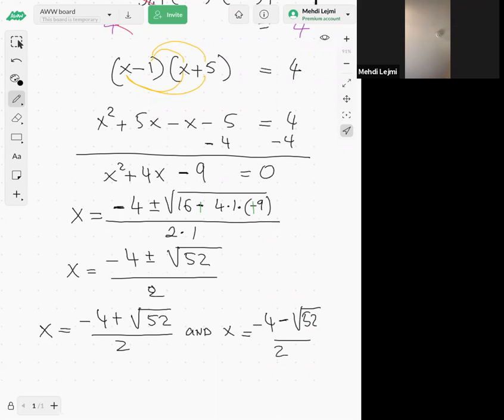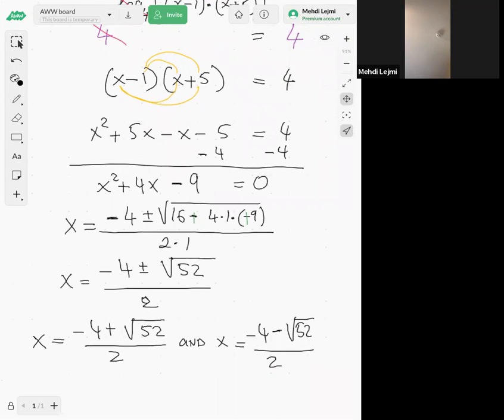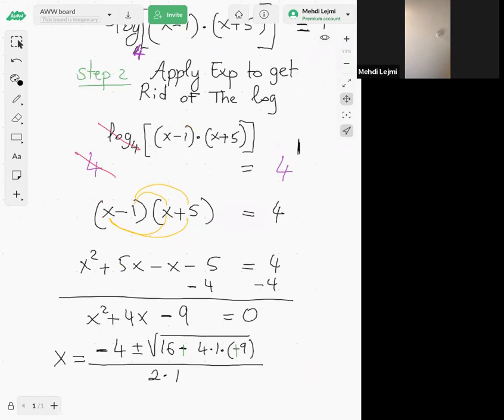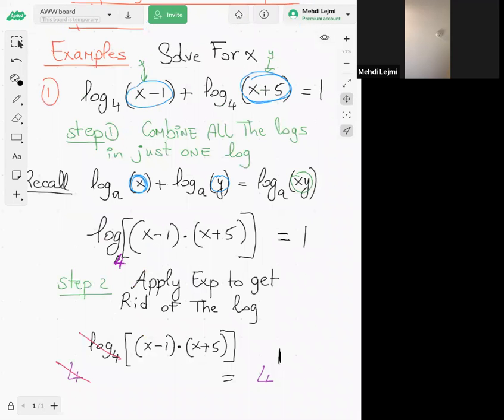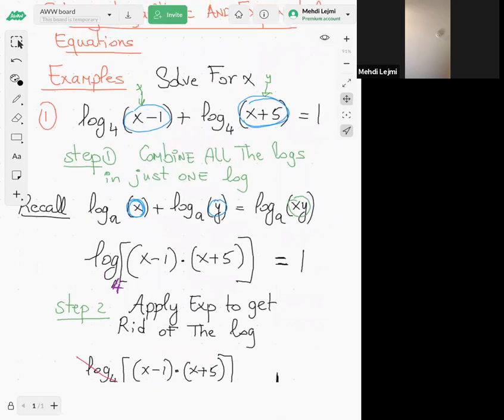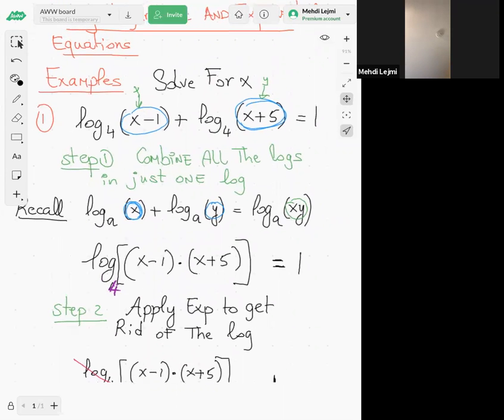Okay, so we got two possible solutions, but there is one more step. We are not done yet. I know it's bad news, but we are not done yet because we have to make sure. Remember, guys, we said for the log, we only apply log for positive numbers, right? If you have a log of something, then it has to be a positive number.